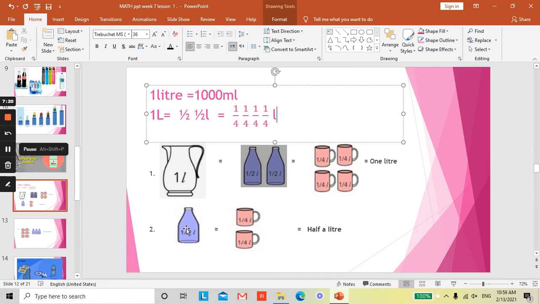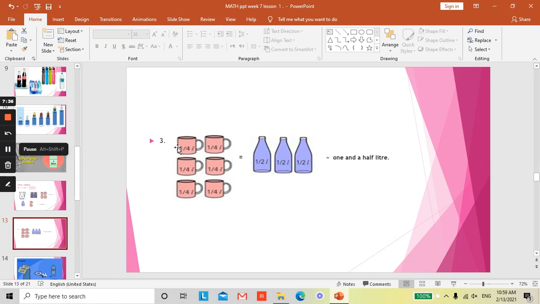Let's move to the second one. Half a liter is the same as 2 quarters. So if you have 2 quarters, it equals half a liter. Let's move to the next. Here we have 1, 2, 3, 4, 5, 6.